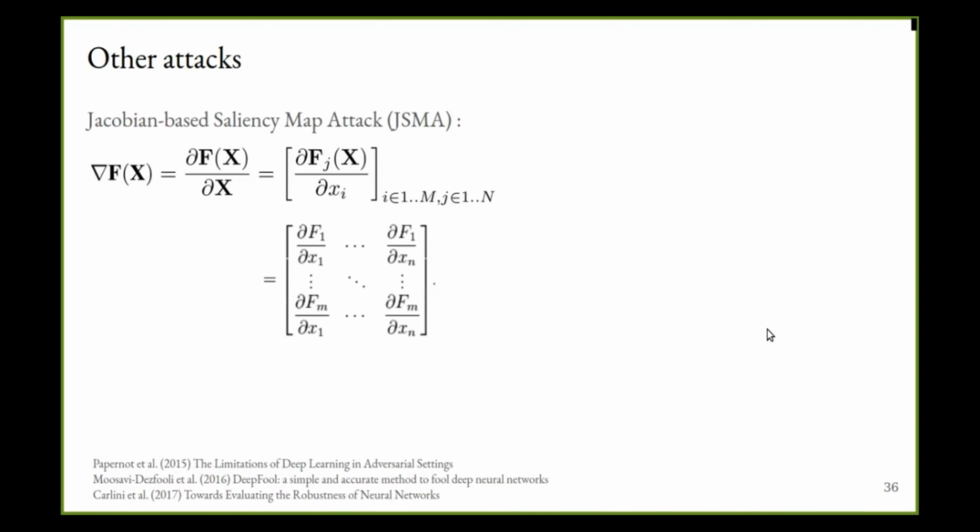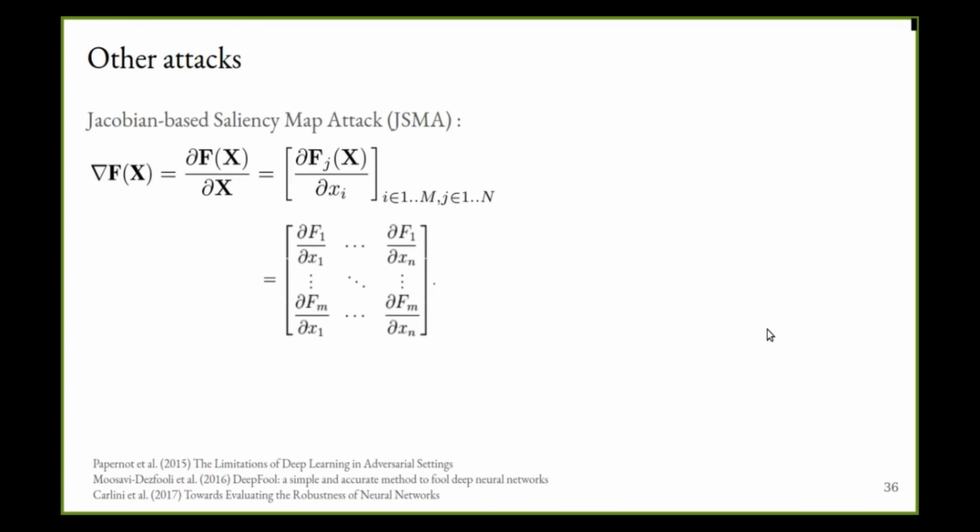Now that we've seen gradient-based adversarial example generation methods, let's see what other types of methods exist. The Jacobian-based saliency map attack is a method that uses the Jacobian matrix, which is the gradients of the outputs with regard to the inputs, and then builds a saliency map in order to select, for a targeted class, the feature that has the biggest impact on the classification, and then perturbs only these features.